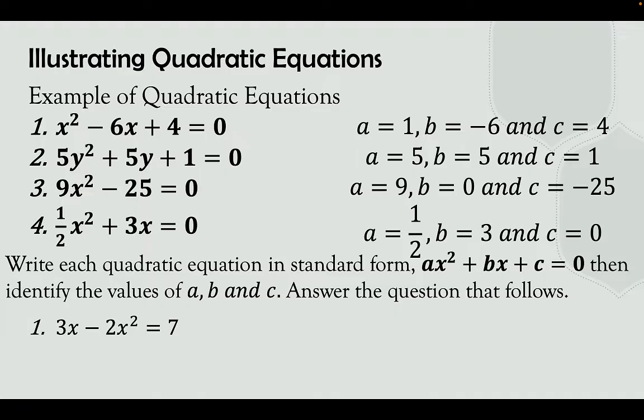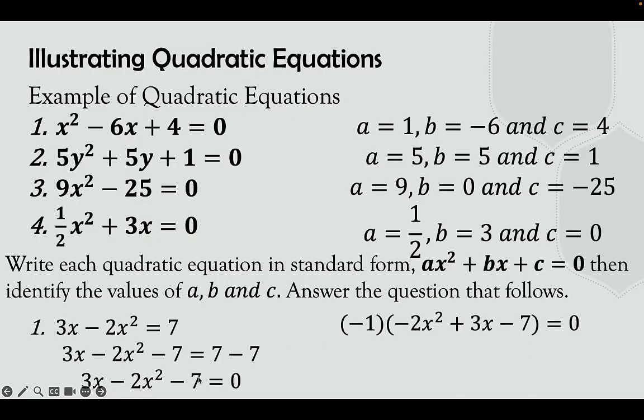So we simplify this by using the subtraction property of equality. We subtract 7 on the right side, and then we must also subtract 7 on the left side. So we have 3x minus 2x squared minus 7 equals 0.